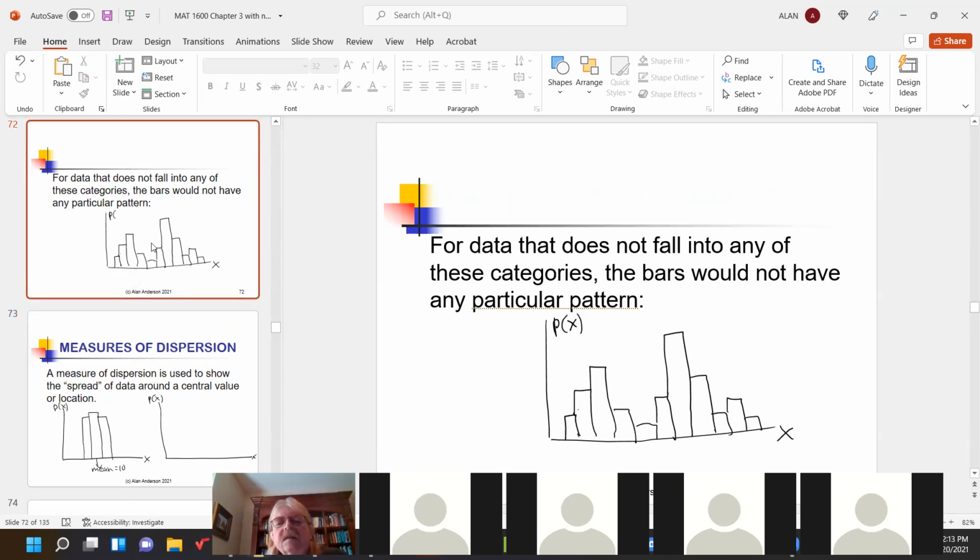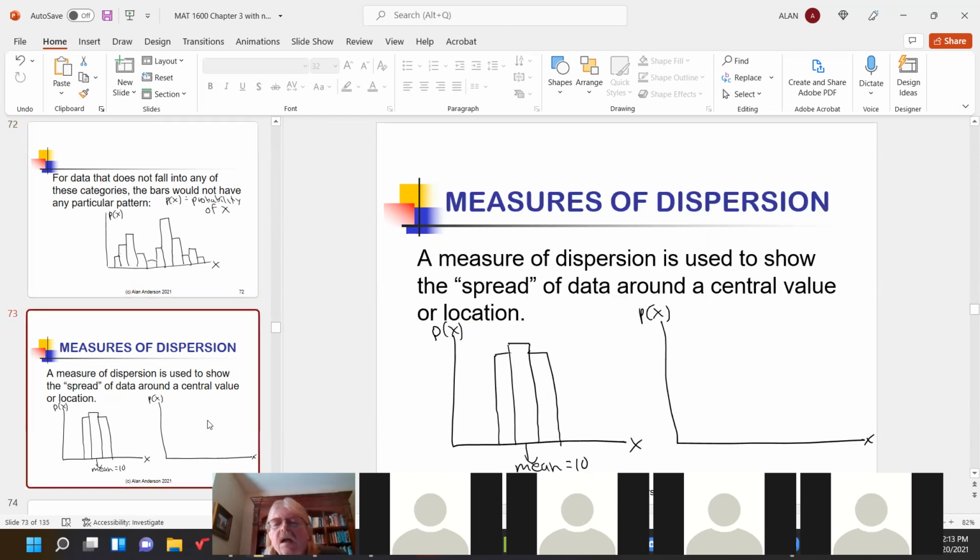P of X means probability of X. So let's say they both have a mean of 10 and they both have the same number of values. If you notice, in the left-hand case, most of the values are clustered right around 10. Let's say this is 9 and this is 11. Whereas here, the numbers are scattered all over the place.